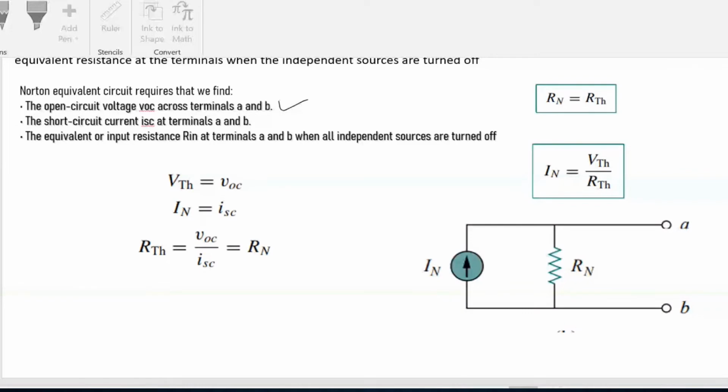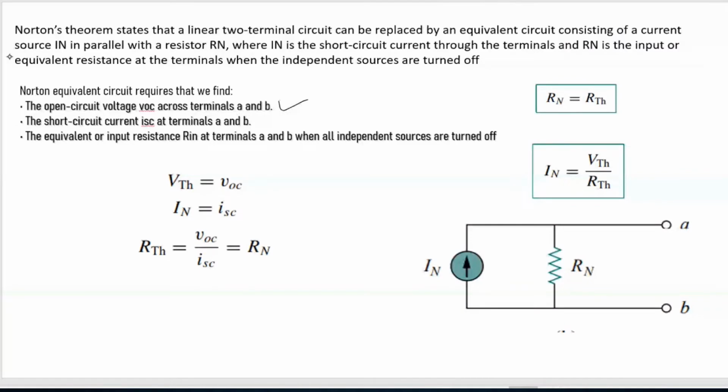So this is your current source, and this is your Rn. So any network can be replaced with a current source in parallel with Rn. That is Norton's theorem.